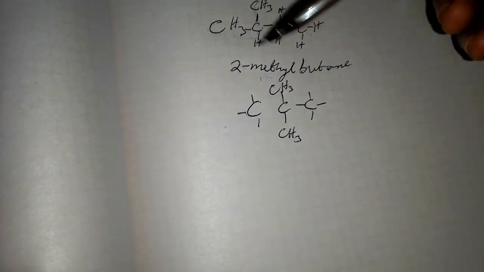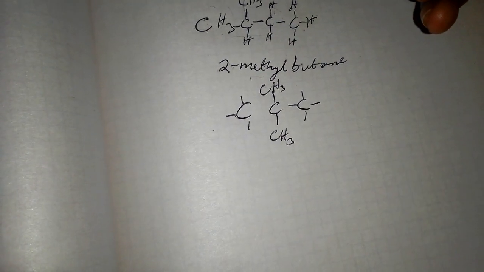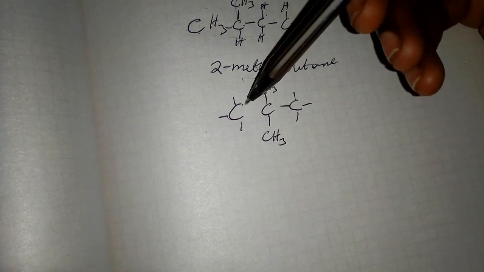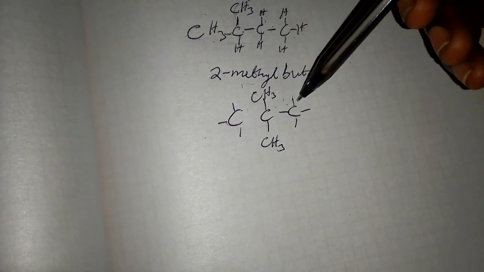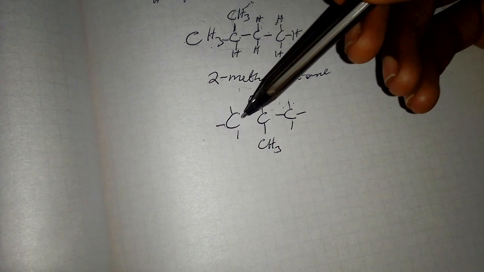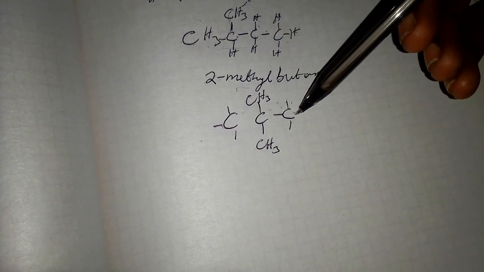When we detach the other carbon atom, it brings us to a propane, because we have 3 carbon atoms in the longest chain.